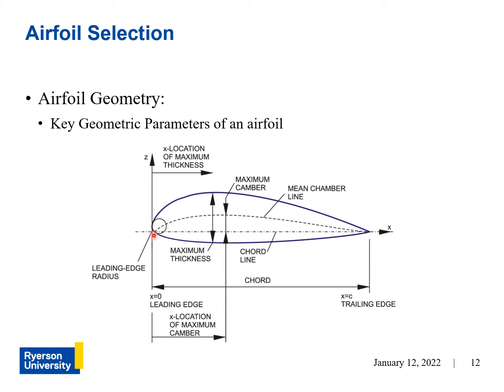So think of this as like a map, and all your coordinates are based on the horizontal axis. Your chord line is your horizontal axis, and then you just take the location of the leading edge and just draw a vertical line, and that's your vertical axis.